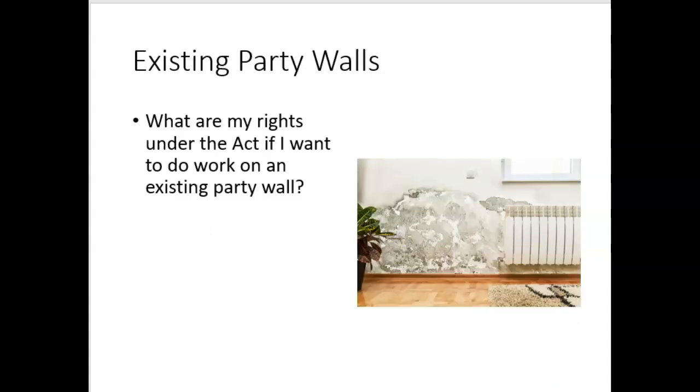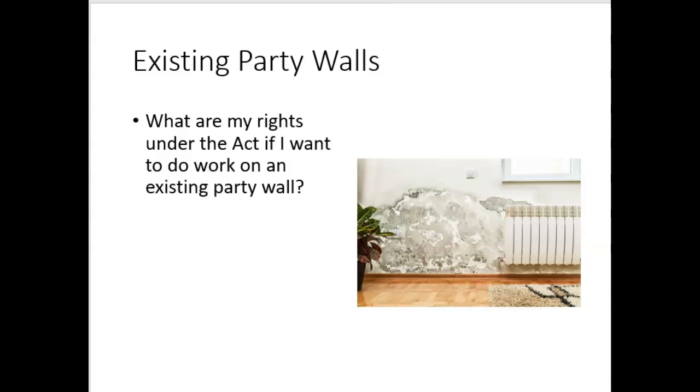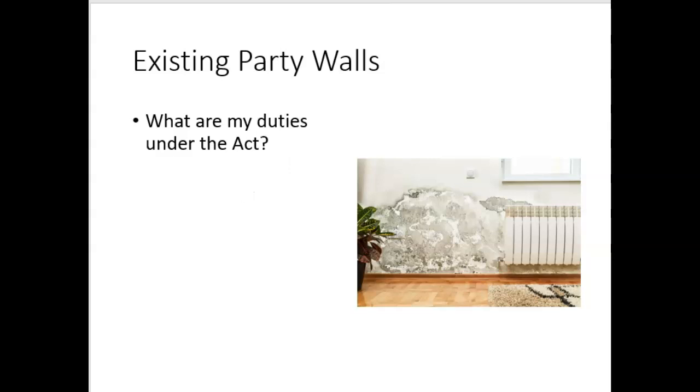So if you are working on an existing party wall, what are your rights and what are your duties? As I've said, you can work on the wall, you can undertake work, but if you're going to put in a beam or a DPC or something that might cause damage, you've got to let the adjoining owner know.